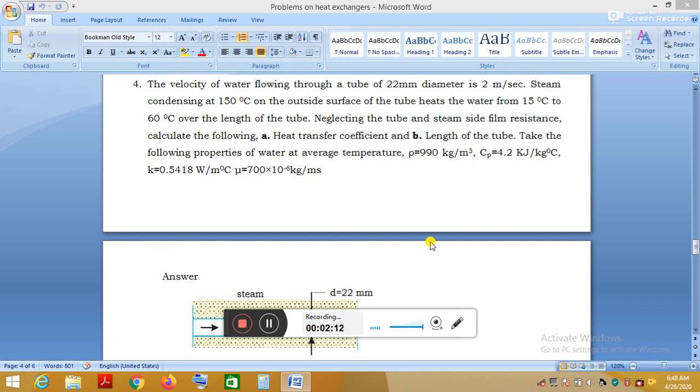If they are not given, we need to take the values from the data book at the average temperature of the fluid, meaning inlet plus outlet temperature divided by 2. In this problem they are given, so there is no need to take any values.